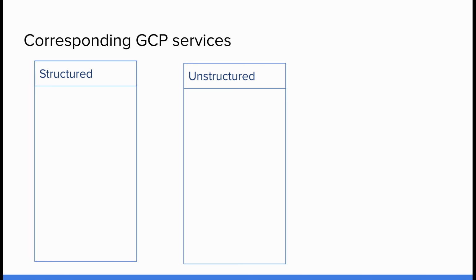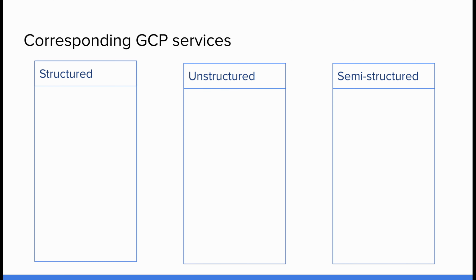Now let's dive into the GCP data storage services that correspond generally to each type of data. We're going to move from left to right on the screen. We have structured data, unstructured data, and semi-structured data. For structured data, we have three key GCP services. BigQuery is a relational database that is great for storing and analyzing large data sets.